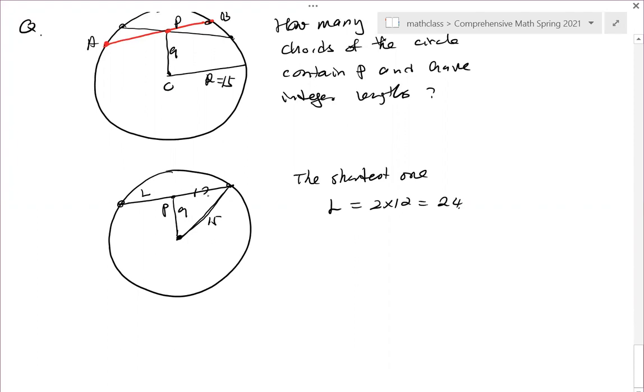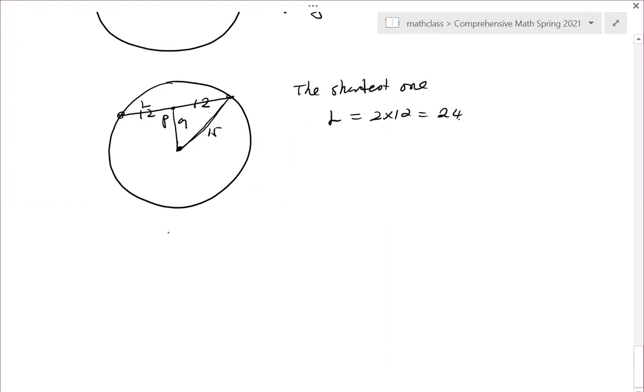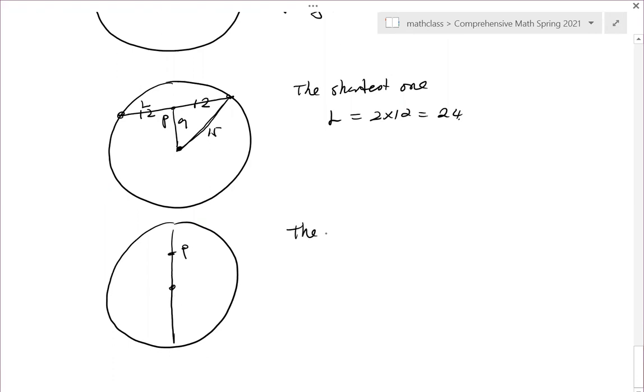So this side is 12, right? That's the shortest one, so the full chord is 24. The longest one is passing through the center, a diameter, because the radius is 15. So the longest one will be 2 times 15, which is 30, right?